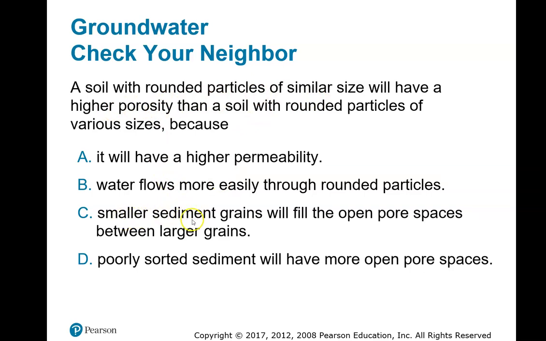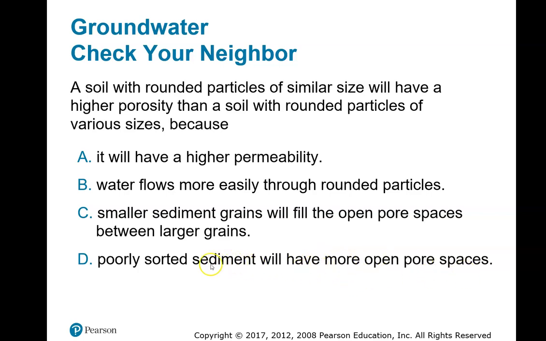The smaller sediment grains will fill the open pore spaces between the larger grains. In other words, that exactly sounds right. Let's read the last one. Poorly sorted sediments will have more open pore spaces.